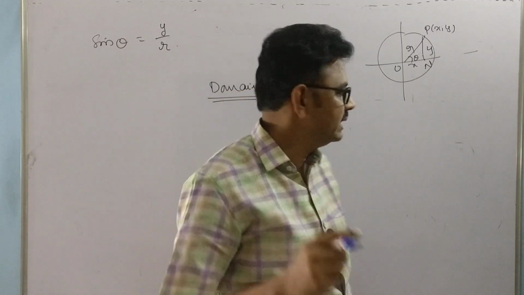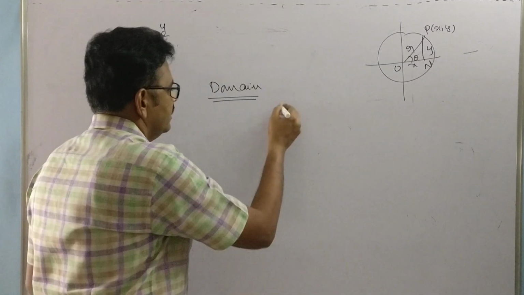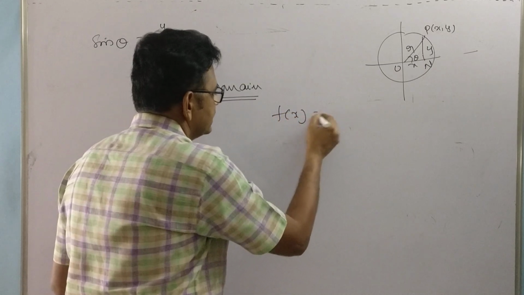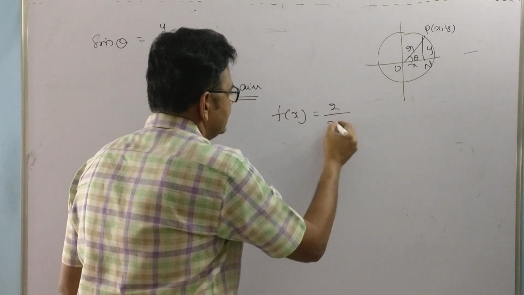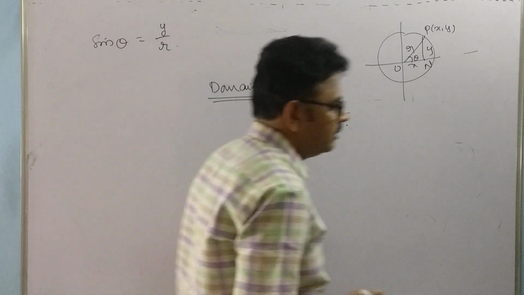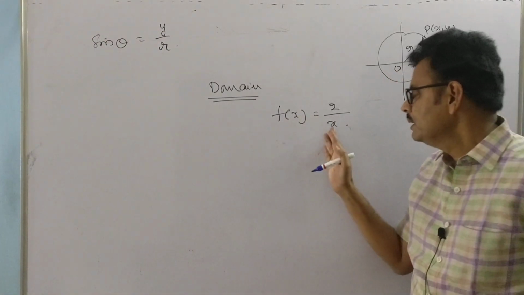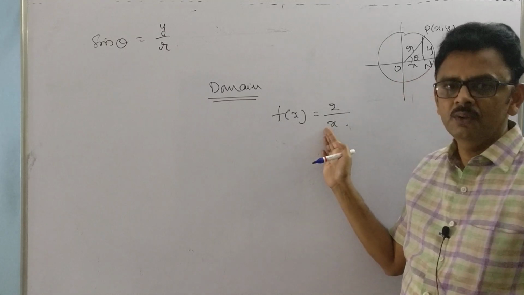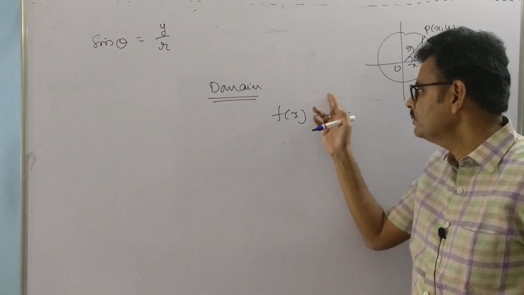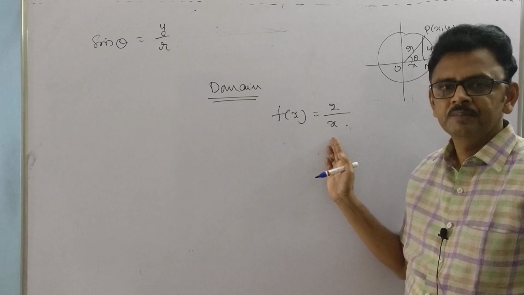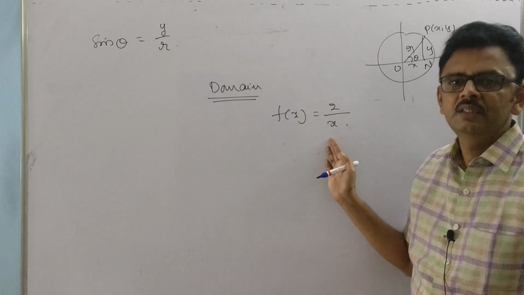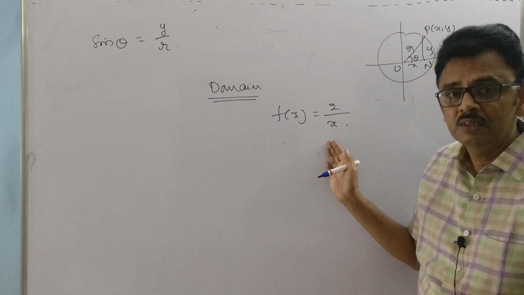For example, f of x equal to 2 by x. The function is defined except at x equal to 0. If I write x equal to 0, 2 by 0 is not defined. For other values it is defined. What are the other values?